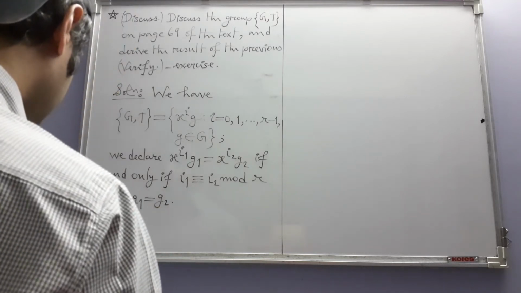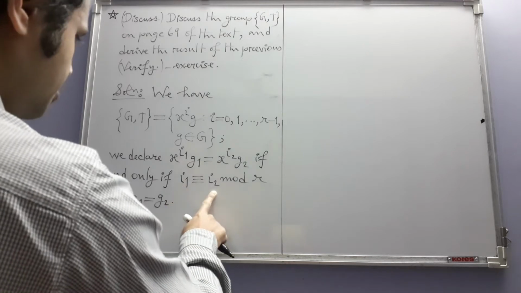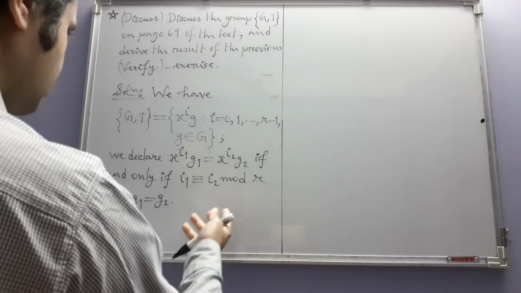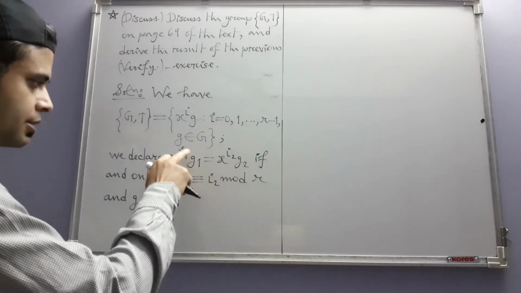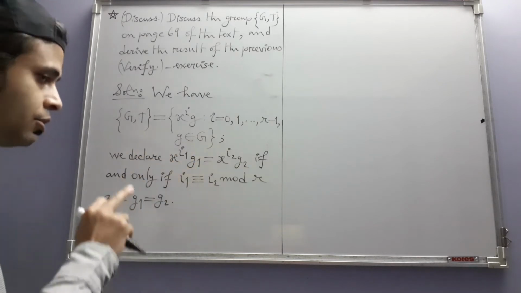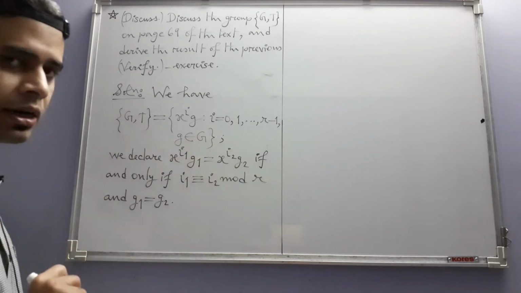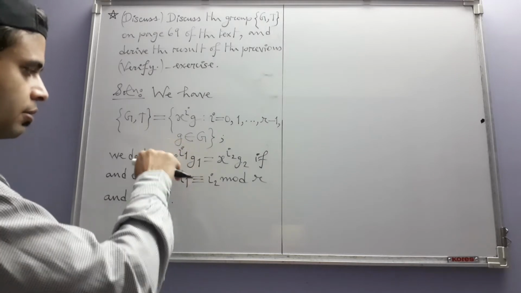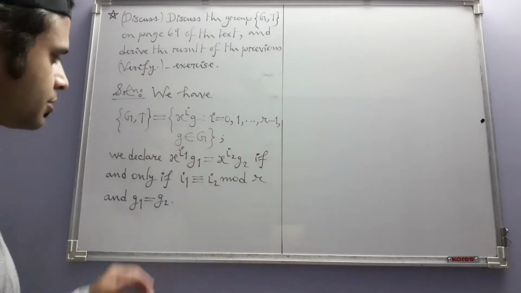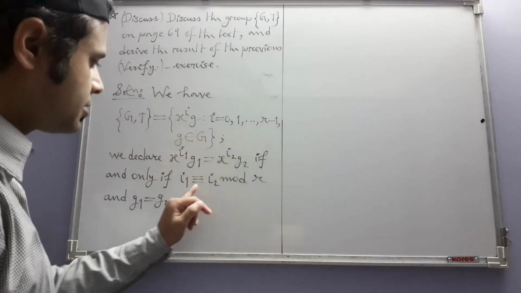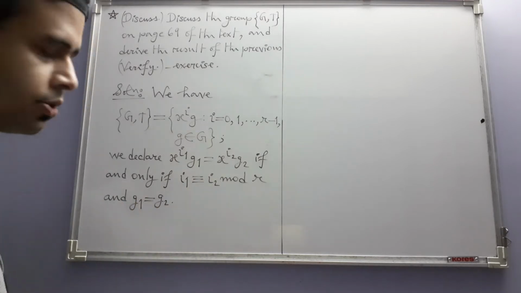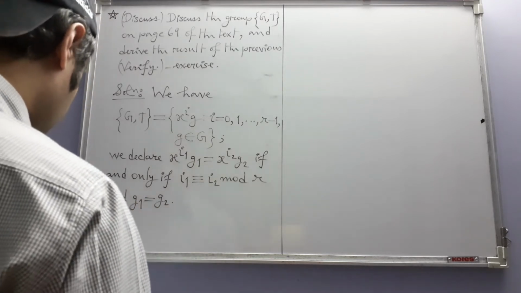If the group elements are equal and these exponents, or we should not call them exponents because these are formal symbols, not to be interpreted as x to the power I1, just superscript of x. So these integers are congruent to each other modulo R.